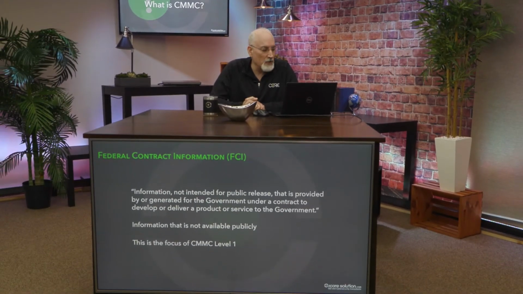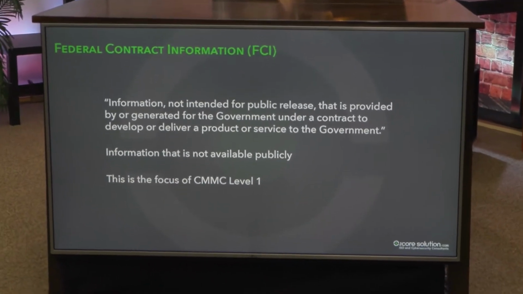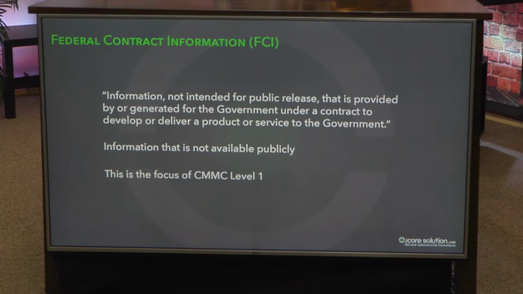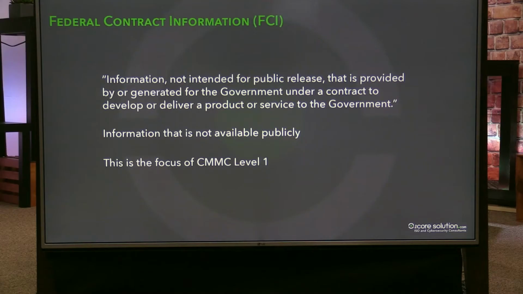Now, I've mentioned FCI. That's the federal contract information. That is information not intended for public release, supposed to remain private, that is provided by or generated for the government under a contract to develop or deliver a product or service to the government.